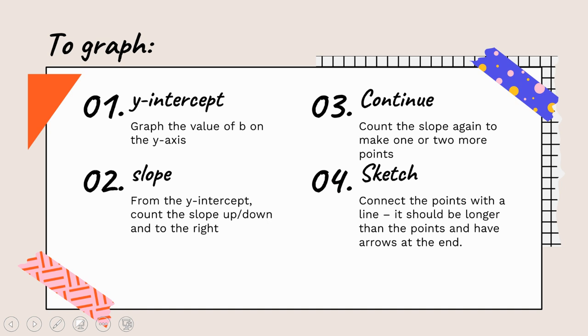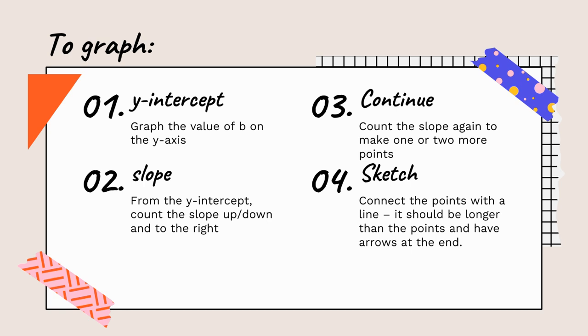So when we are graphing, the first thing we want to do is find the y-intercept and graph that value, whatever that b is, on the y-axis. Remember that your y-axis is your vertical. That's important to remember. From there, we're going to graph the slope. So from the y-intercept, you count the slope either up or down. So up is positive, down is negative, and always to the right.